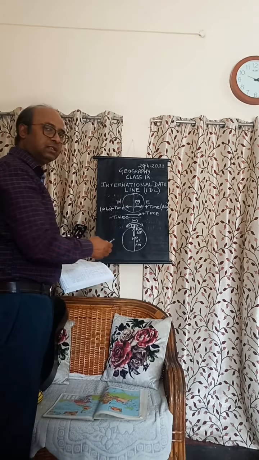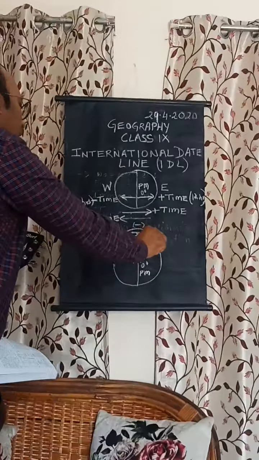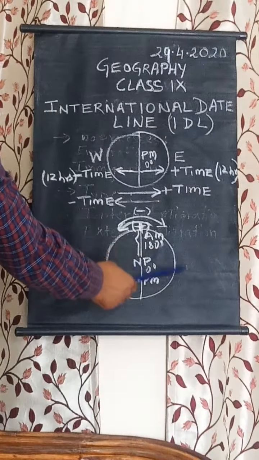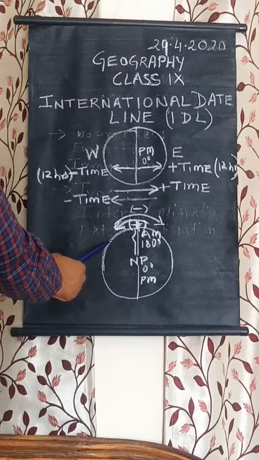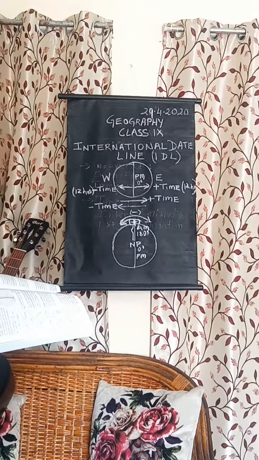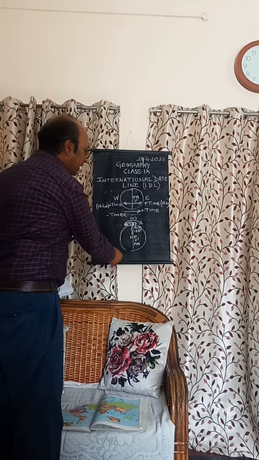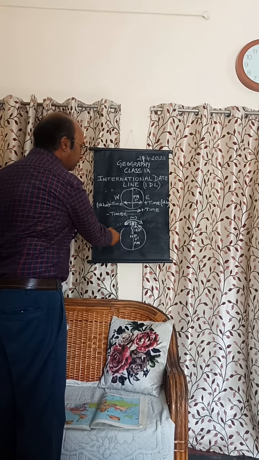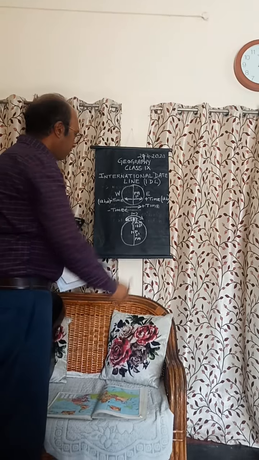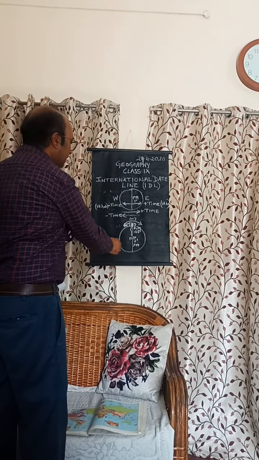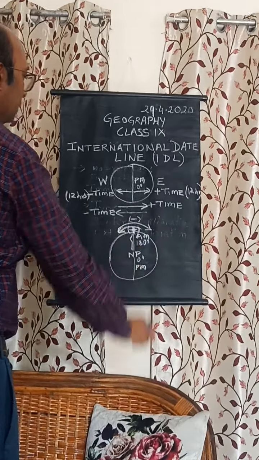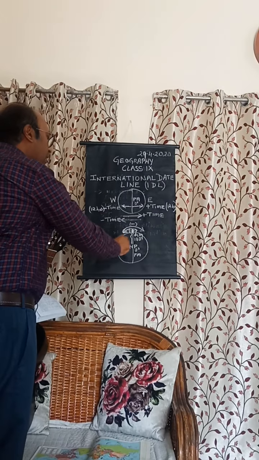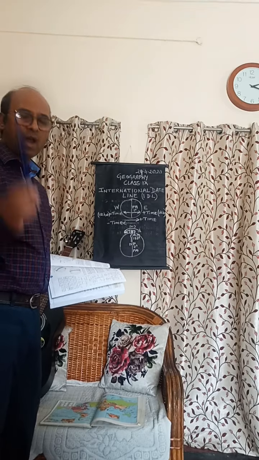So what you understand is, one day is lost going eastbound and one day is gained going westbound, because he is gaining time. Because why? He is going from the east and coming to the west, so he gains time. From here he is going from the west and going to the east, so he will lose time. So there is a gain or a loss of one day.